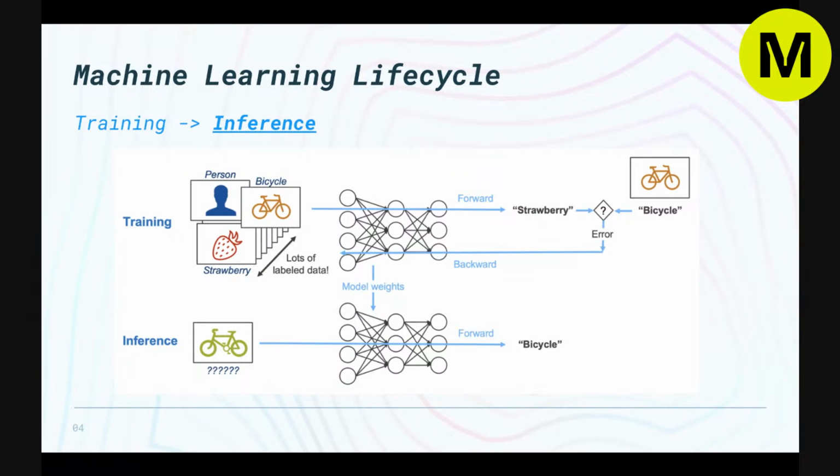For example, if we take GPT as an example, GPT takes users' queries, and based on the query, it continues to generate tokens, to generate text, and this process is called inference.